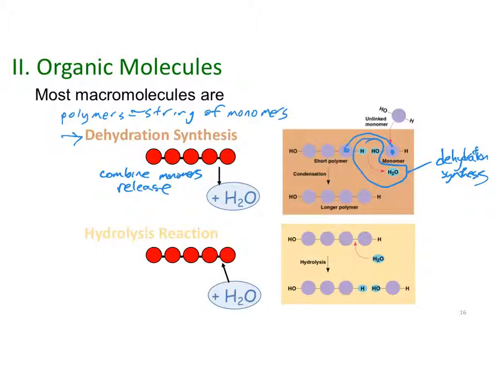So the converse reaction is called the hydrolysis reaction, and this breaks apart polymers. And to do this, it requires a water molecule to become incorporated into those two separated molecules. So it requires the atoms from a water molecule.